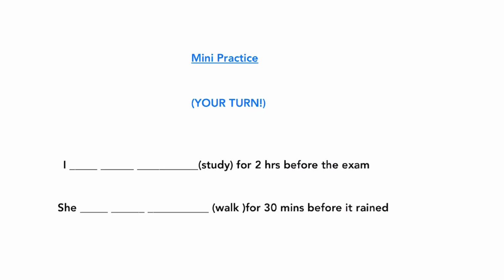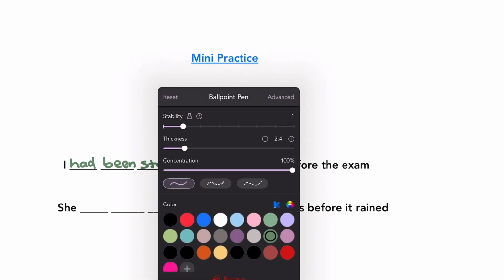Okay, so here we go. So we have 2 sentences and they're both wrong because the words in brackets are not right. Okay, so study is not right, walk is not right. So let's replace it with the correct answer. So it will be, I had been studying for 2 hours before the exam, because this is in past tense and we have to use had been and studying ending with ing.